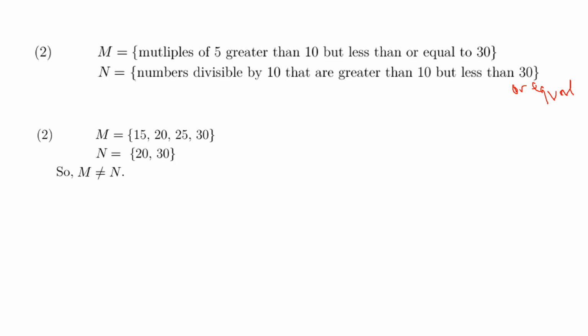The elements for M are 15, 20, 25, 30 because those are multiples of 5. For N, the numbers divisible by 10, greater than 10 but less than or equal to 30, are only 20 and 30. So obviously they are not equal sets. M is not equal to N.